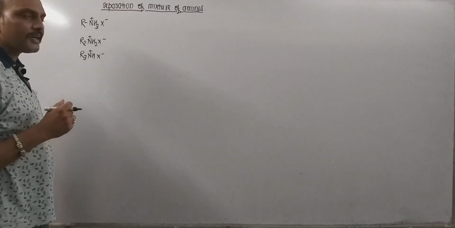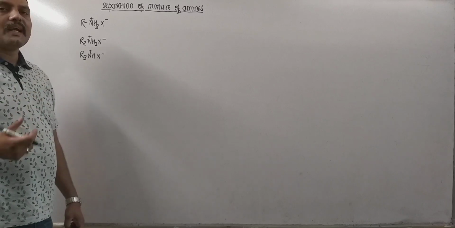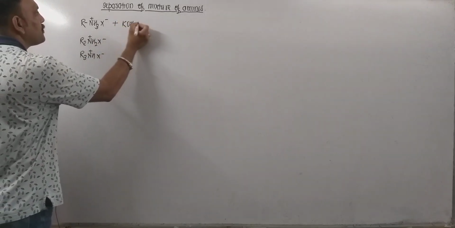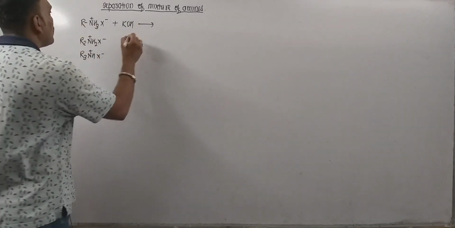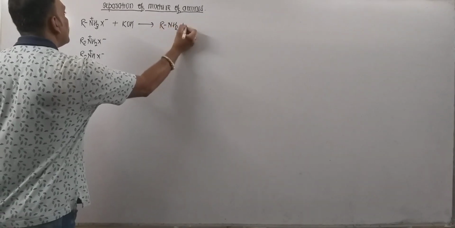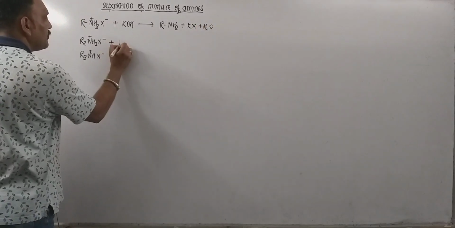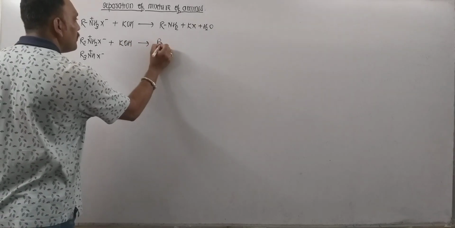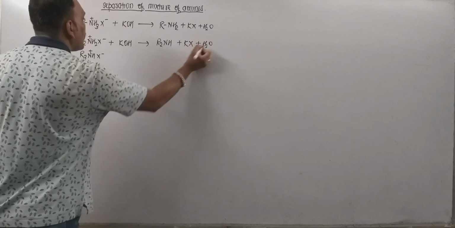So what is the advantage of that? By doing this, we can regenerate our amines. Now KOH reacts with these salts like this. The alkyl ammonium salt of a primary amine reacts with KOH producing primary amine along with byproducts. Similarly, the dialkyl ammonium halide reacts with KOH producing secondary amine along with potassium halide and water.